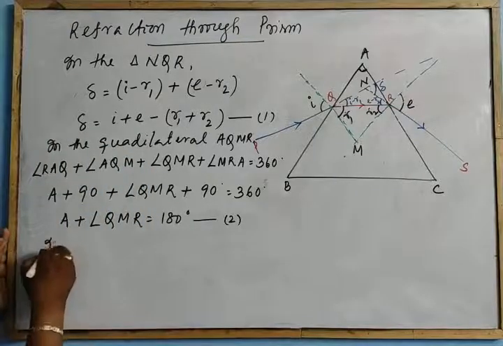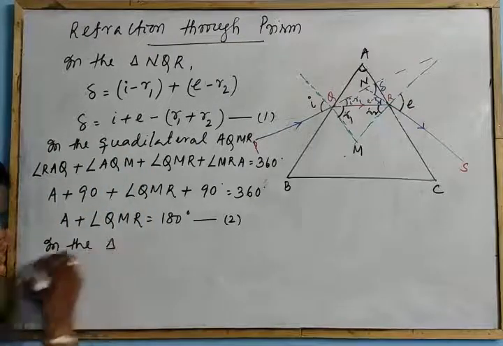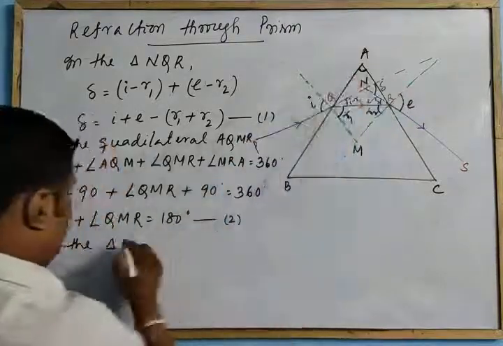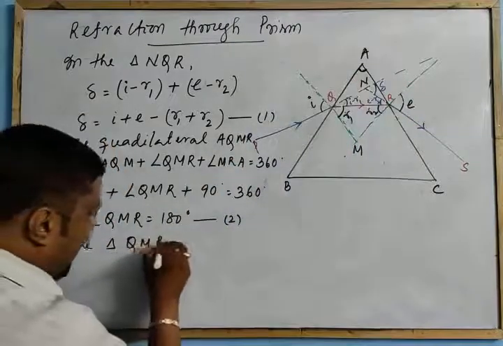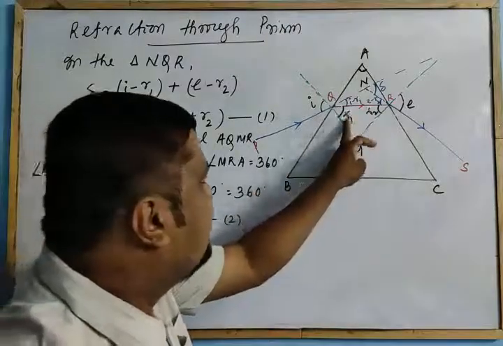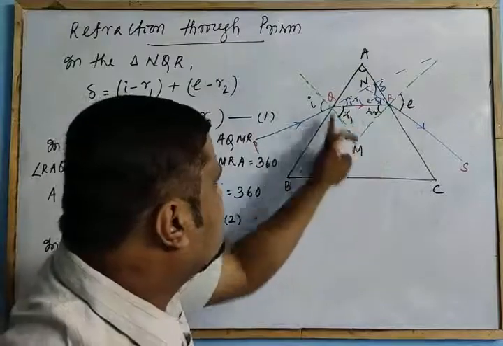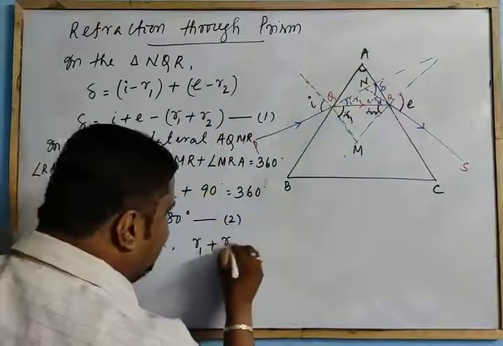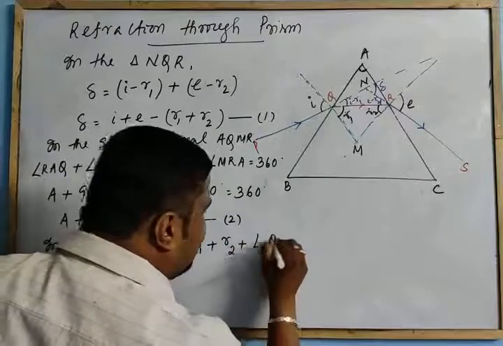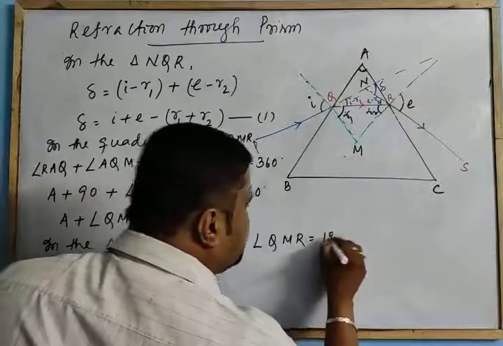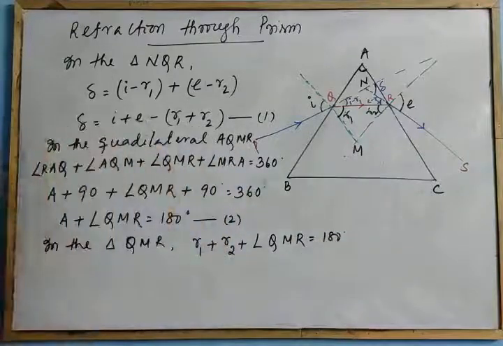Next, go to the triangle QMR. The sum of these three angles, R1, R2 plus QMR, is 180. So I can write directly R1 plus R2 plus angle QMR is equal to 180.